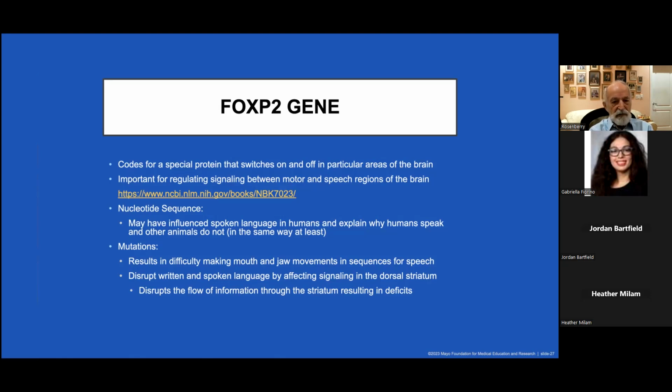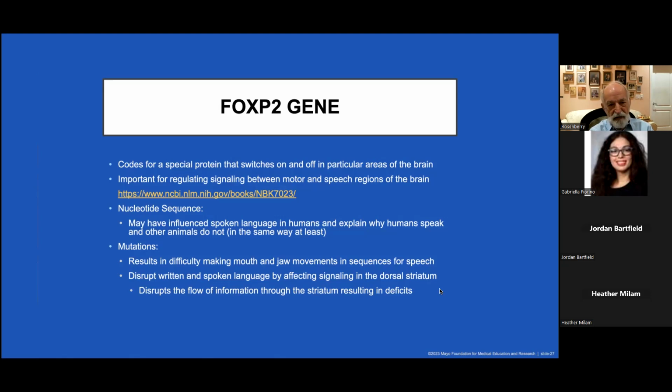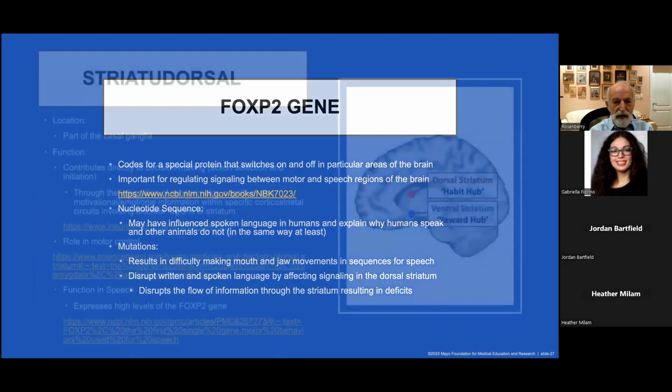That's a very wide range of outcomes from just one gene that is mutated and changes the format for its regulation. Next slide.